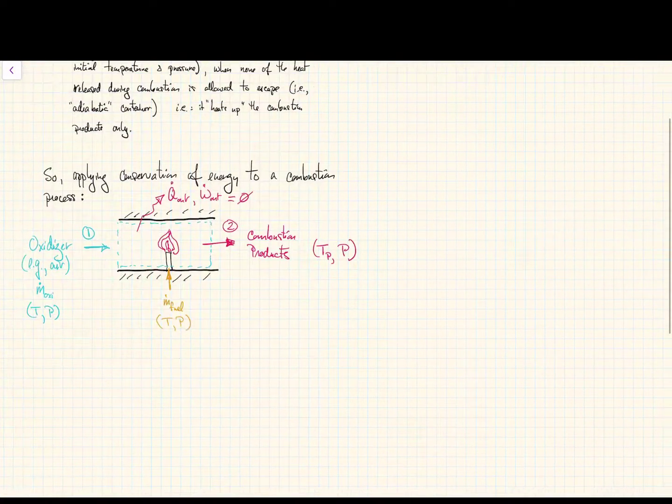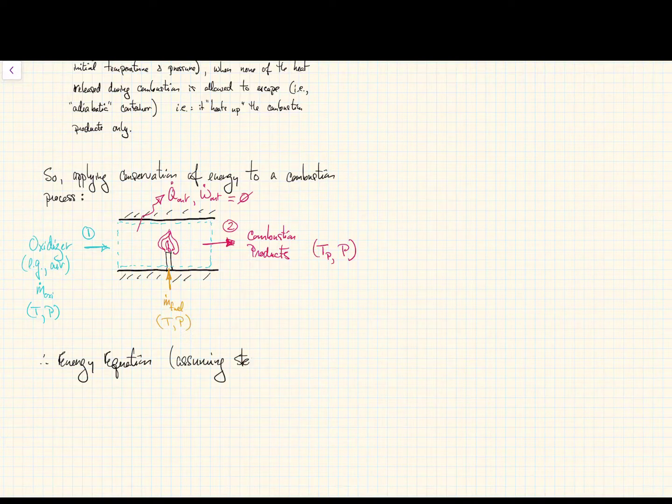Of course, we could start from scratch with our old faithful Reynolds transport theorem form of the energy equation, but you guys are becoming experts at this now, so we'll cut to the chase and get straight to the final form that we would get if we did that, which is, there's no transient term. All we have is convective terms, one inlet, one outlet.